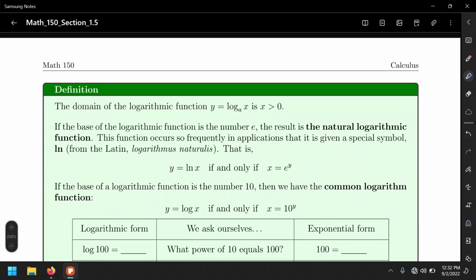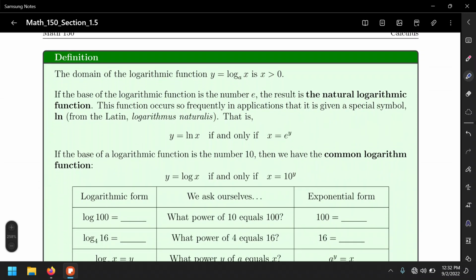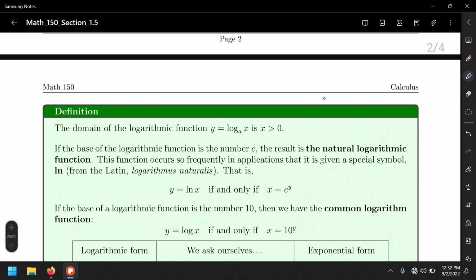Okay, number one, the domain of the logarithmic function is 0 to infinity. We already discussed that on Monday when we reviewed all the parent graphs. Let's draw the graph again. So let's draw the graph of the logarithmic function. It looks like this.